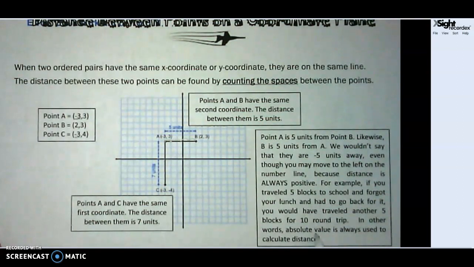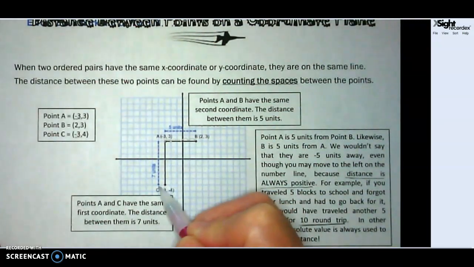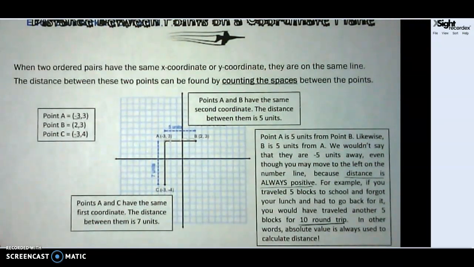The thing that I want to remind you of is that distance is always positive, all right? If you travel 5 blocks to school, forget your lunch, and travel another 5 blocks back, you've gone 10 round trip. So we're going to be looking at absolute value as a way to calculate distance. We all know how to count. That's basic.